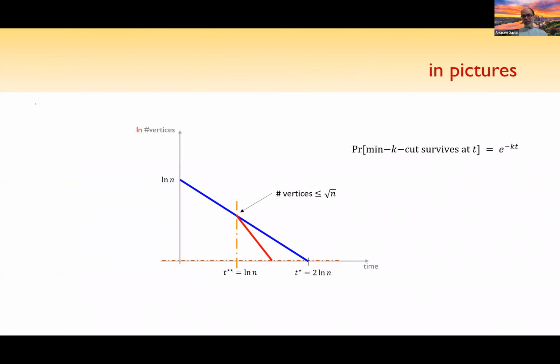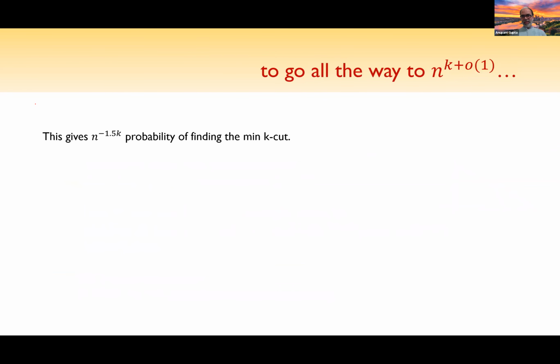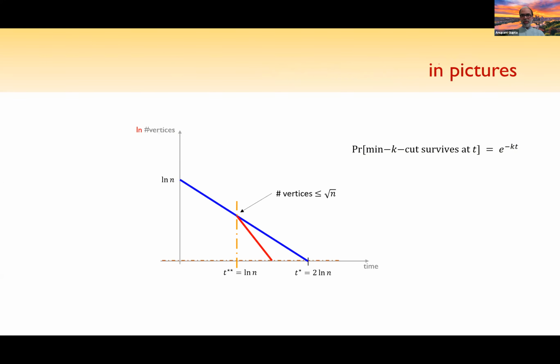This is the picture again. And I gave you a bound of n to the negative 1.5k. Suppose I wanted to get down to n to the negative k, which is much faster. Of course, I shouldn't do this analysis that I did. This is a very rough analysis that I did.